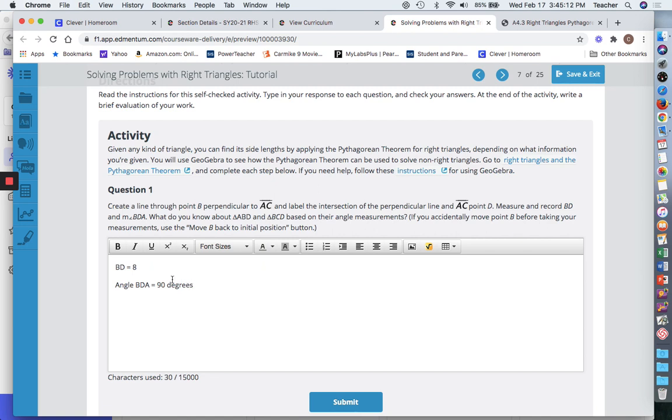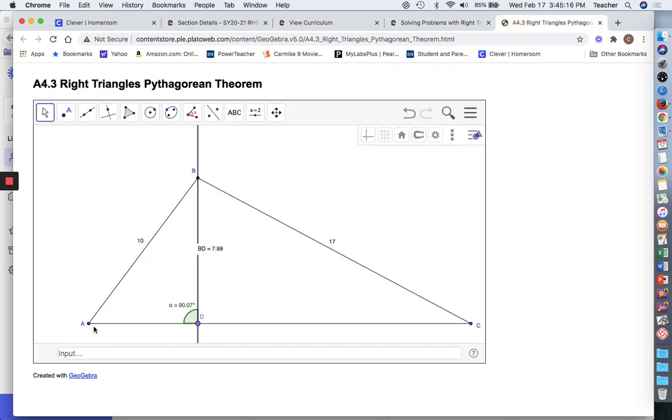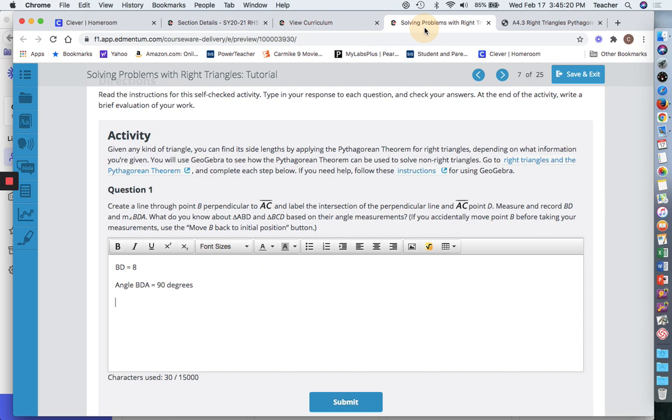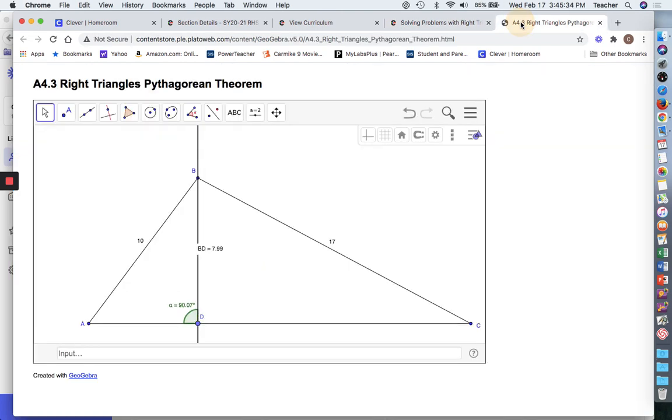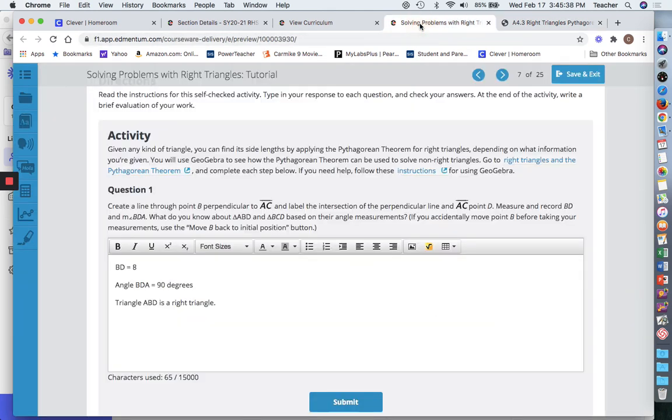What do you know about triangle ABD? Well, that's going to be a right triangle. BCD, yep, also a right triangle.